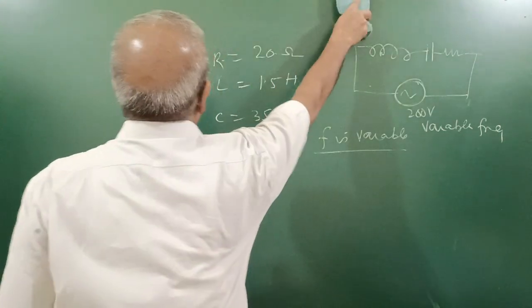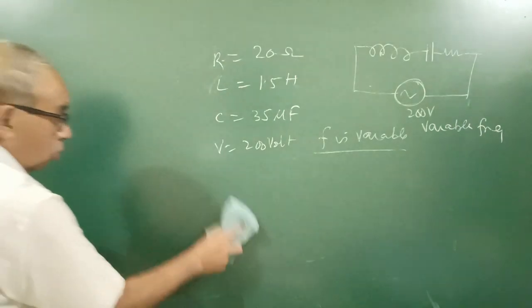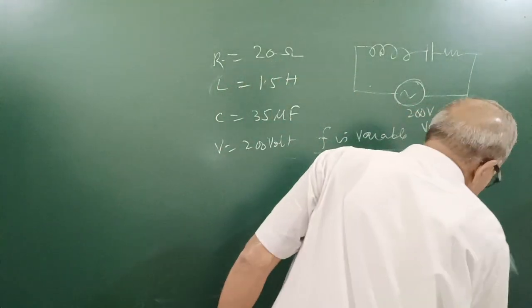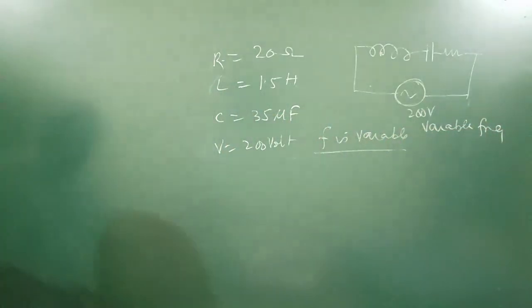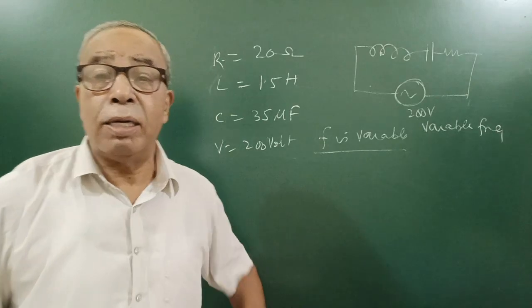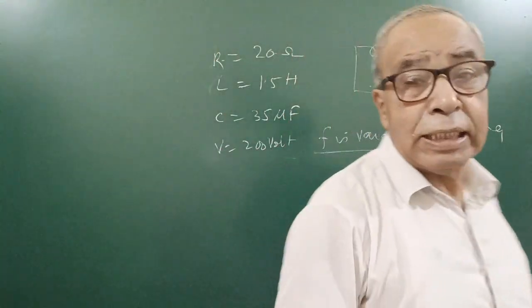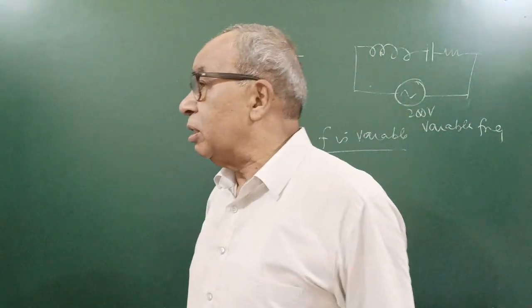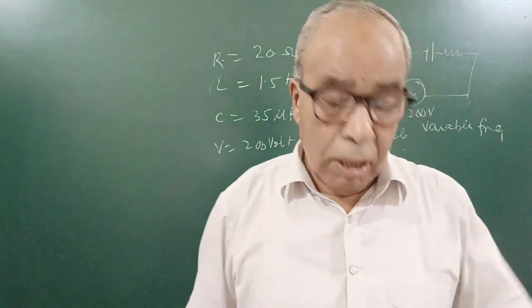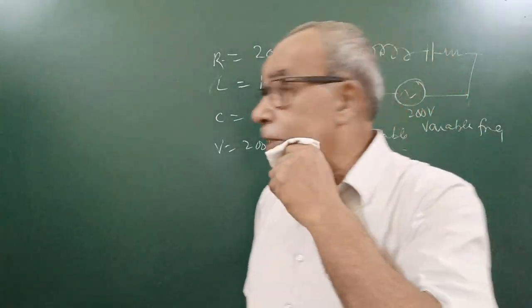I have told you that when alternating current flows through any circuit, electrons oscillate there. Please note this fact if you have not heard carefully. When alternating current flows through any circuit, whether it is a pure inductor, pure capacitor, resistor or combination, then electrons oscillate.